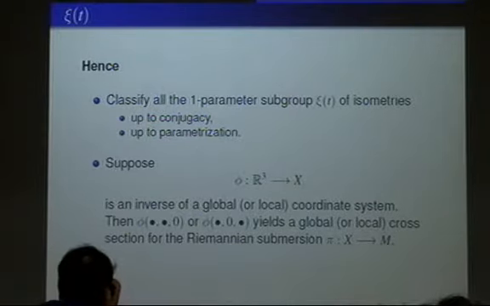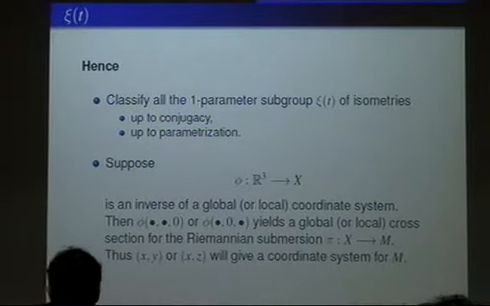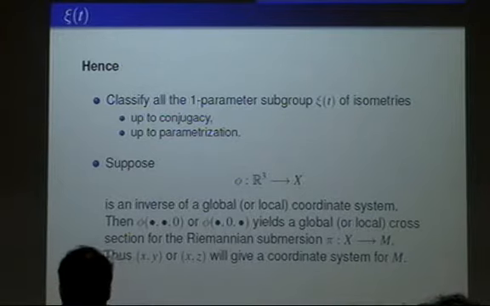If you see the action of psi t on x, then the coordinate two-planes, like the xy plane or xz plane, yield a global cross-section for the Riemannian submersion. So this part will give the coordinates for the base surface. So xy or xz or yz will be the coordinate system for M.